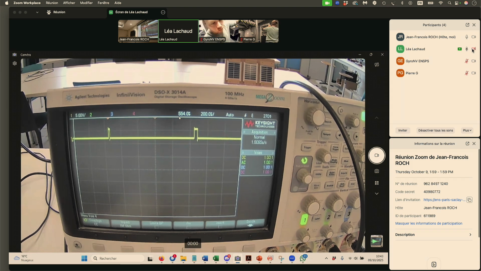And I can also tune the duration between them, right? So here it's fixed to 1 millisecond, but I can switch the scale. So if I do this, I can scan the time delay between the two pulses.